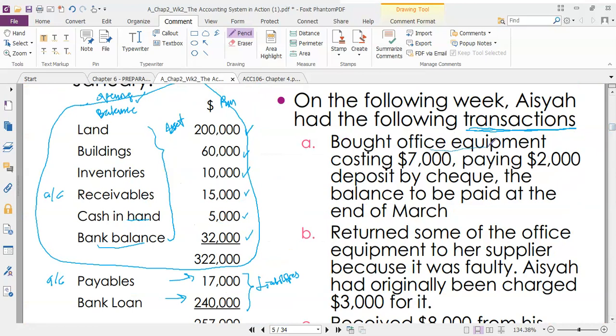The cost of the office equipment is 7,000 ringgit. But only 2,000 they paid as a deposit. The balance to be paid at the end of March. So, 2,000 deposit.